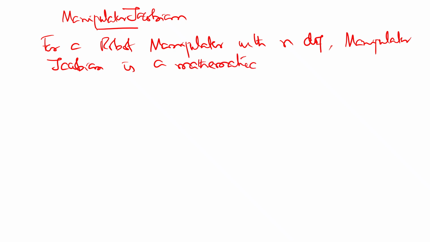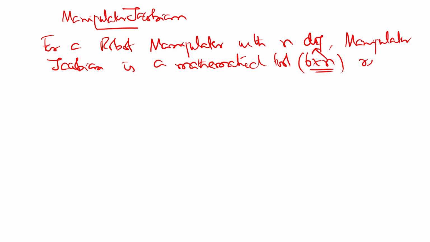It's a tool and it's a matrix, so its order is 6 cross n. N represents degree of freedom. Okay. So it's a 6 cross n matrix.